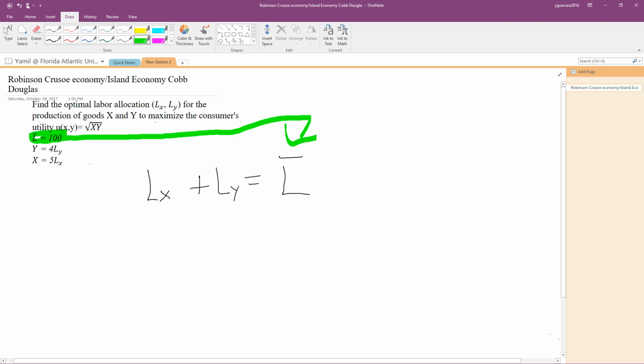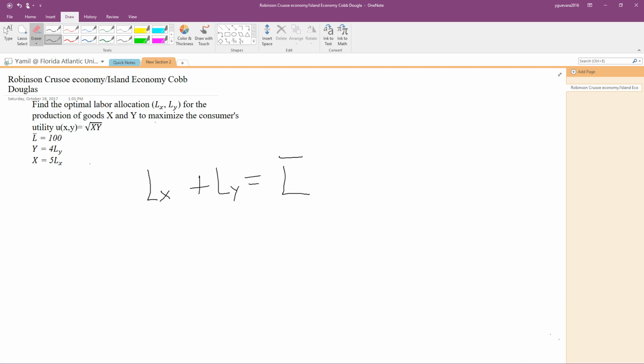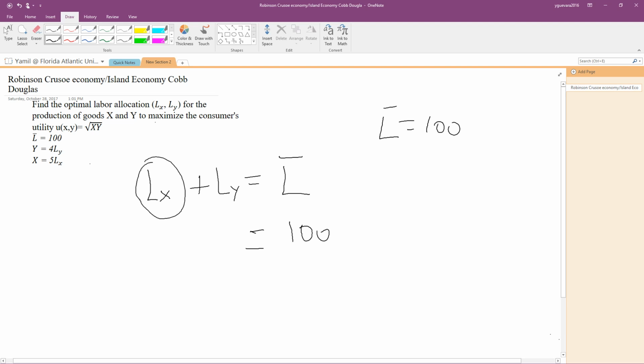Let's plug in our value. We have an endowment of labor of 100. Now we need to find Lx and Ly.